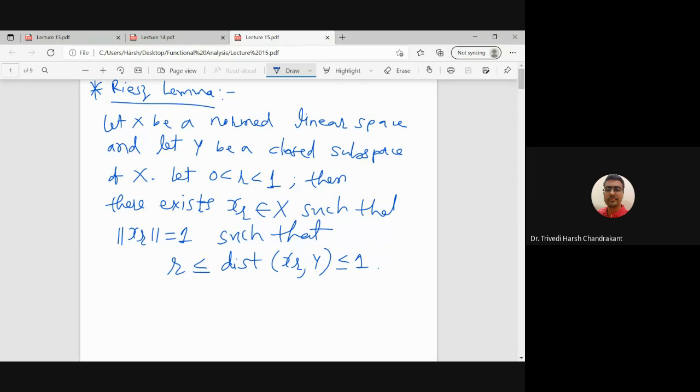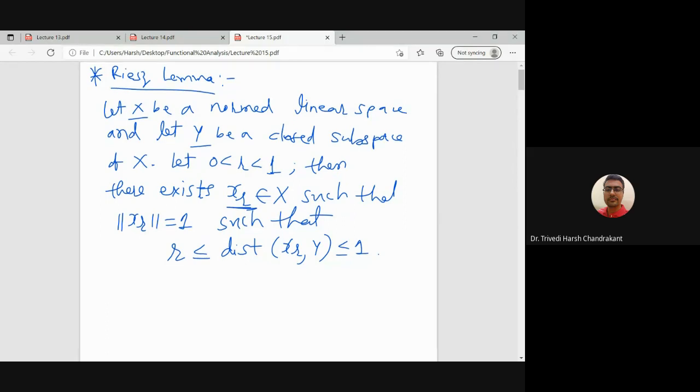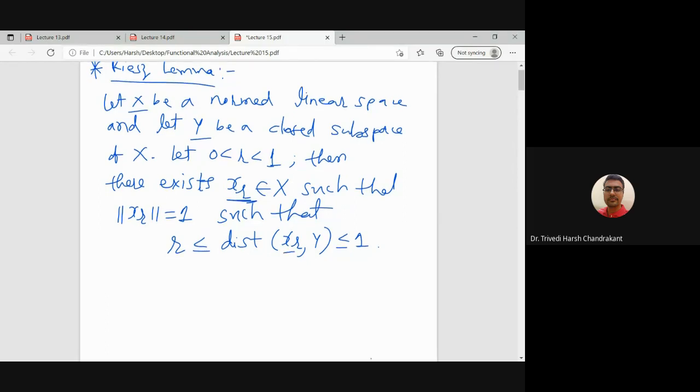This result says that we are given Y, which is a closed subspace of a normed linear space X, and we have a number r between 0 and 1. Then we can find a vector of norm 1 in X such that the distance of xr from each element of Y is bigger than or equal to r, right? r is this number.